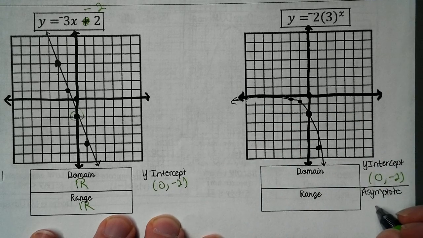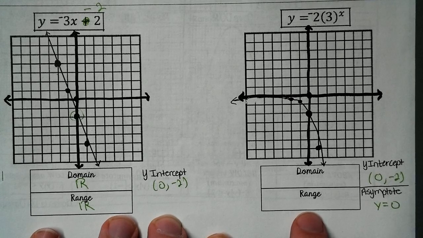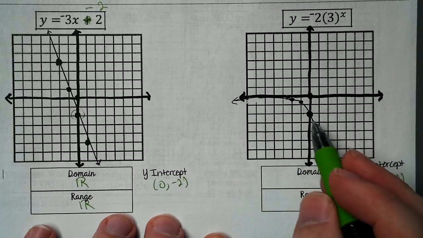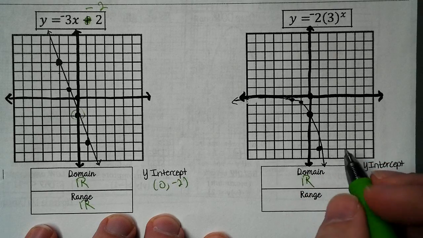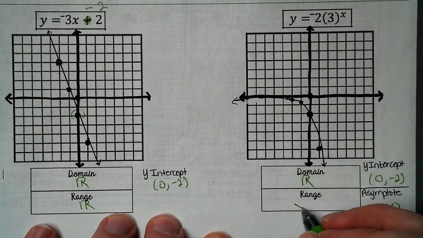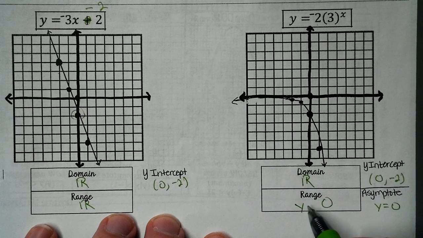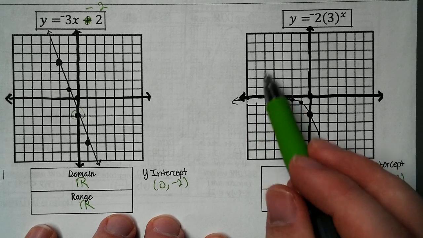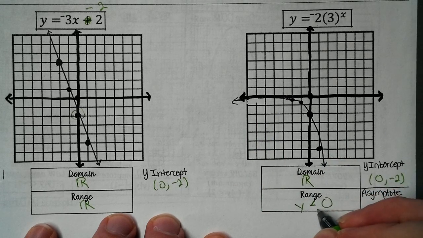So it's at y equals 0. Our domain goes to the left forever and to the right forever, so that's all real numbers. And our range, this time we're comparing our y's to 0, because you compare your range to your asymptote, and this time they're not above, they're below. So instead of greater than, it's less than 0.